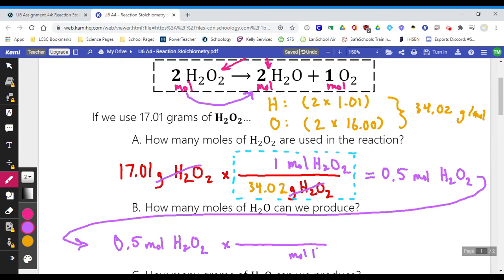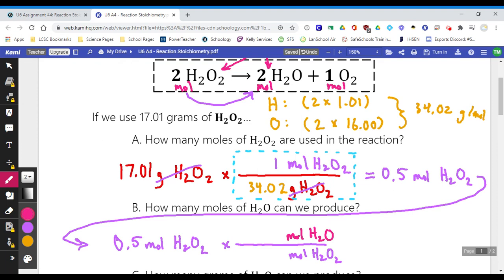Moles of H2O2 is going down here. What I want is moles of H2O. They both have the unit of moles, but I'm talking about moles of a different chemical, so they act like a different unit.